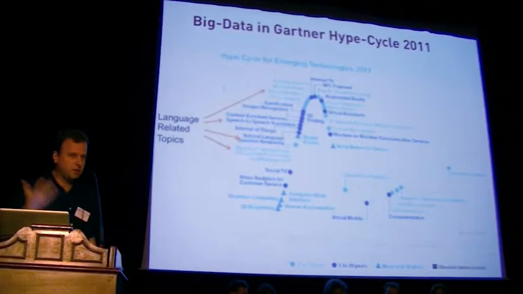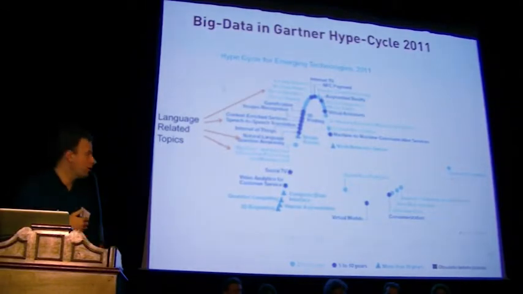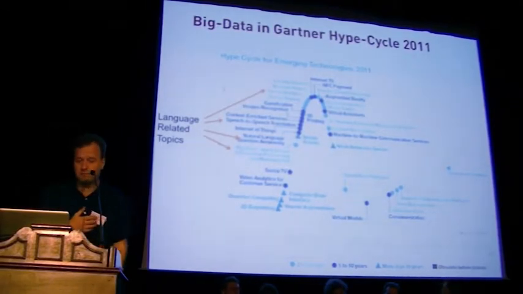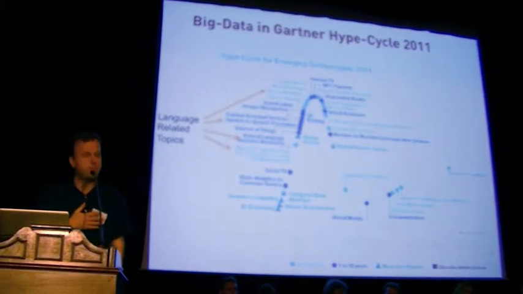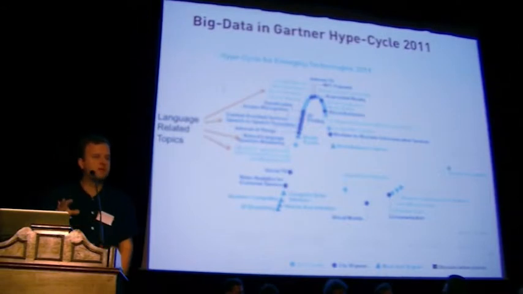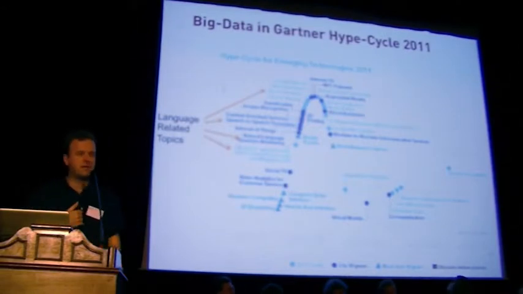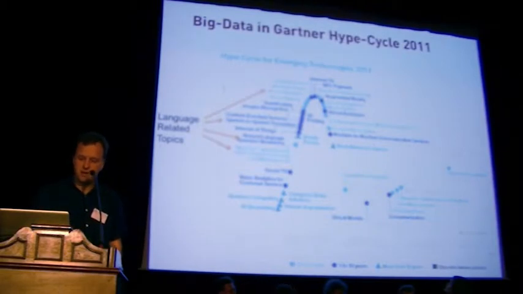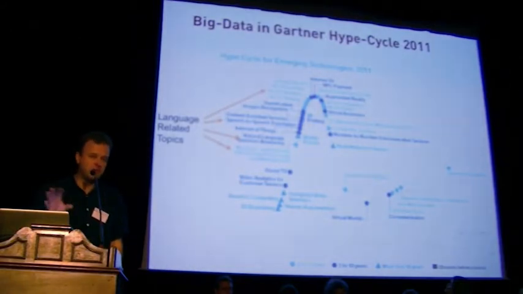So let's start with, well, the traditional slide on the Gartner hype cycle. Probably everybody knows it, and where language-related topics lie. This is the hype cycle from 2011, the last one, and you see that in this upper part there are 4 topics which are language-related, and they're all in the area of 5 to 10 years to the market, according to Gartner.